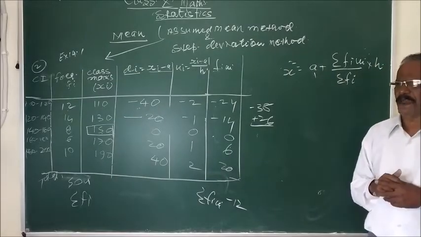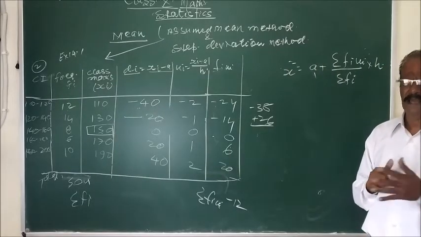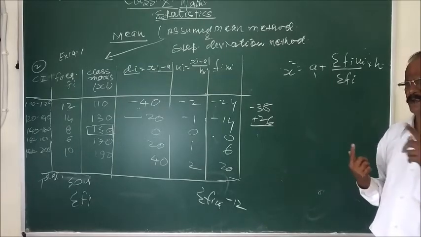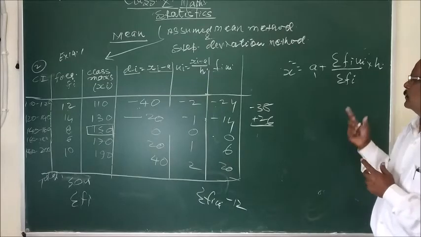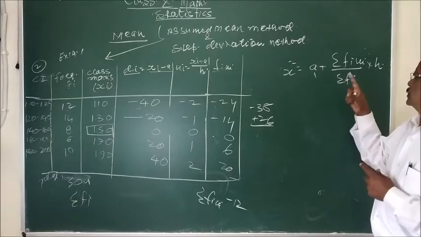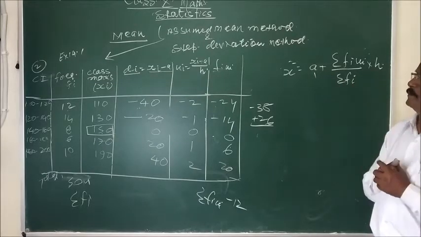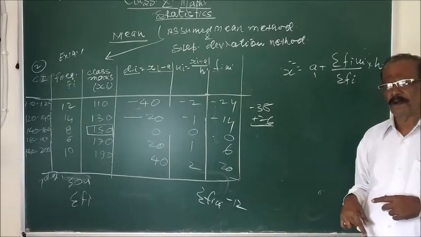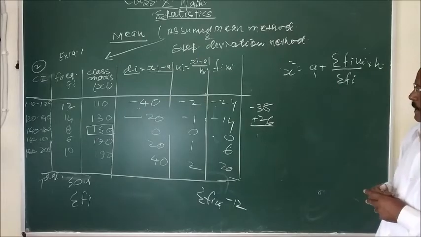I am not getting enough time to calculate, so you are students of class 10, you should try to solve. And if you have any doubt, you will ask me. So this is the step deviation formula. The assumed mean method I have already explained, and the direct method I have already explained.